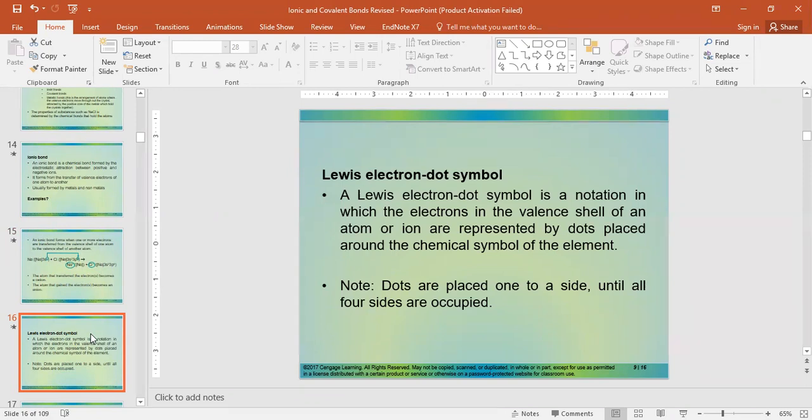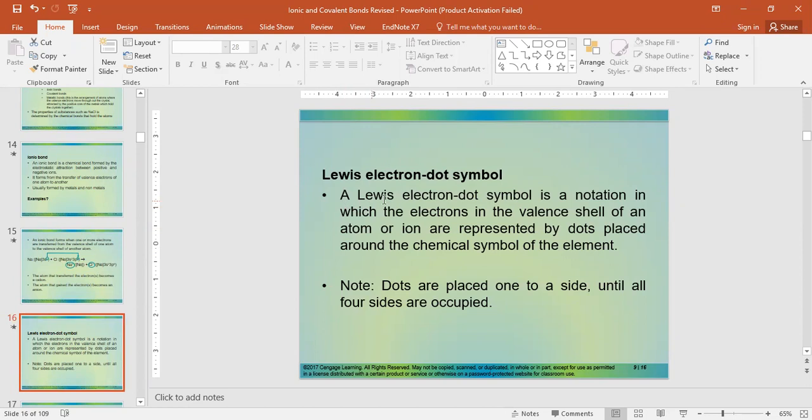Now, if you remember your lower levels of learning, the high school, the secondary school, depending on where you were, you used to write the electronic configuration, and then to show the arrangement of those electrons, you would put some circles to mean the energy levels, and on those circles, you'd put either crosses or dots to show the arrangement of electrons in the first, second and third energy levels, depending on how many energy levels have electrons and on the element you are talking about. That one was the beginning of what we call the Lewis electron dot symbol.